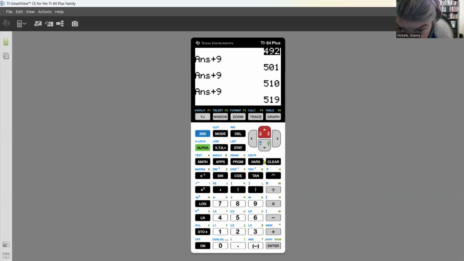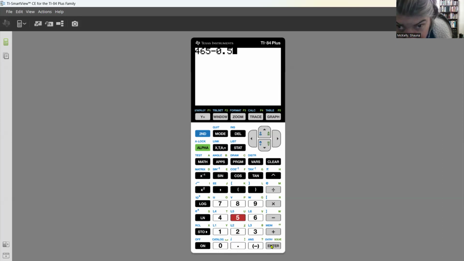So we have 465 minus 0.5. The 0 is optional, but I always put it in so you can see where the decimal is. 464.5. Now, the other class limit, I'm going to add 0.5 because I wanted to include the number that I'm dealing with.